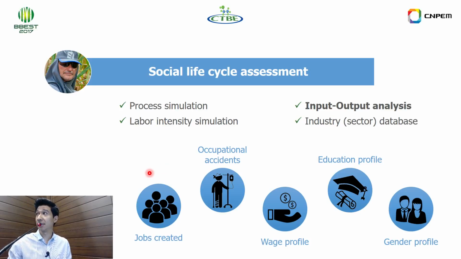In quantitative terms, we can say that we have mainly 5 indicators: the jobs we create over the supply chain, the total occupational accidents, then the wage, education, and gender profile of workers. And I'll present in the next slides some examples of such analysis.